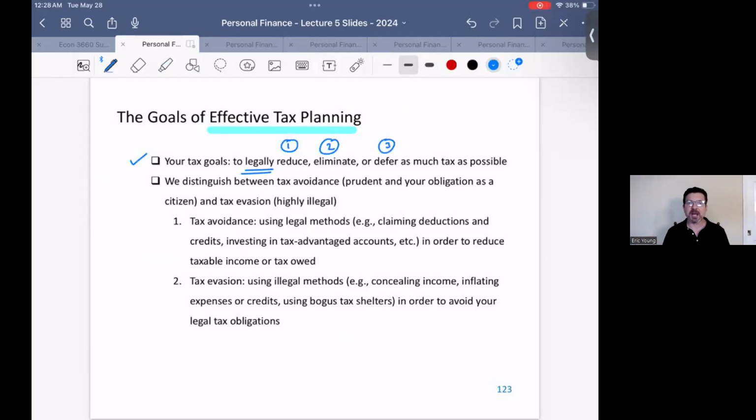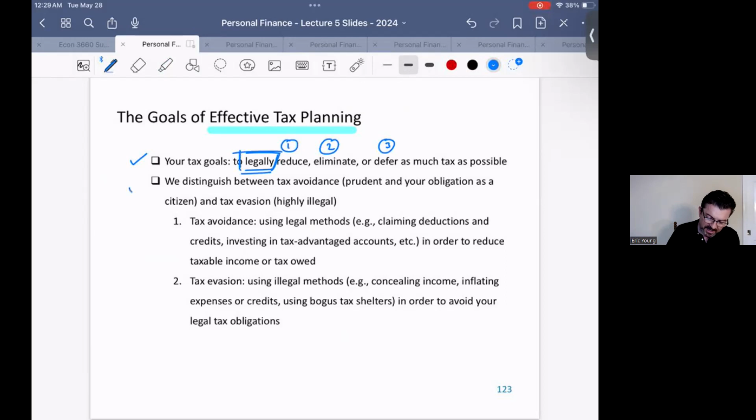Either pay less right now, pay none at all right now, or push any tax that you have to pay as far forward as you can. Okay? But again, we have to stress that you have to do this legally. The IRS has no patience and they will fine you if you break laws.